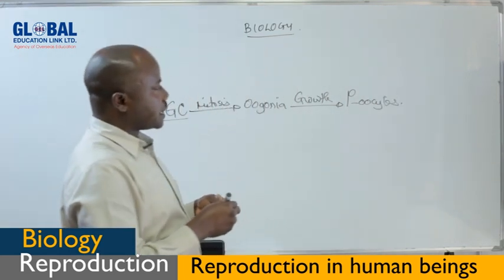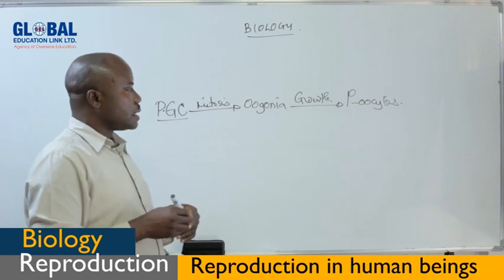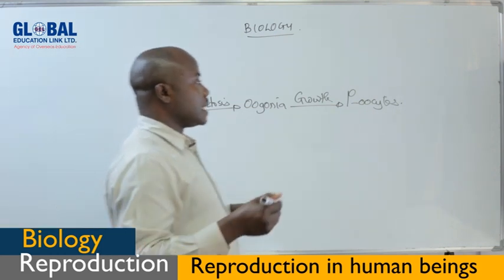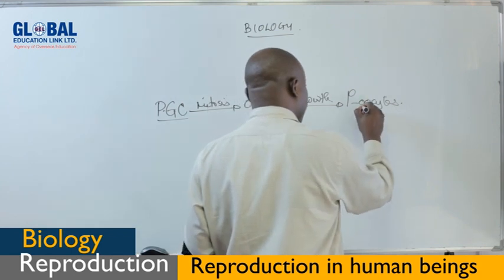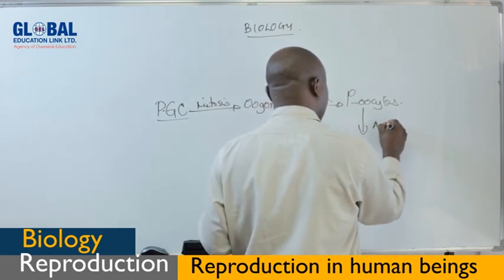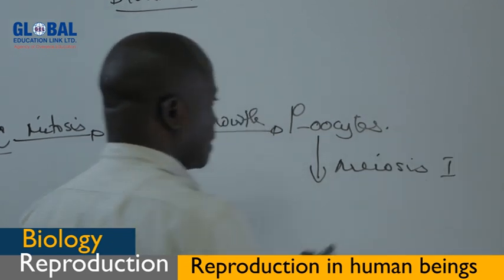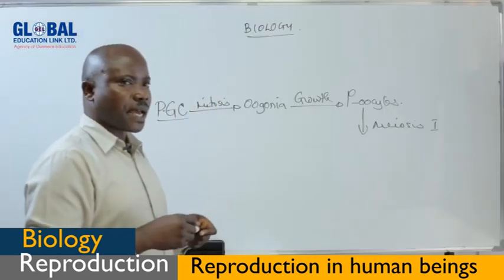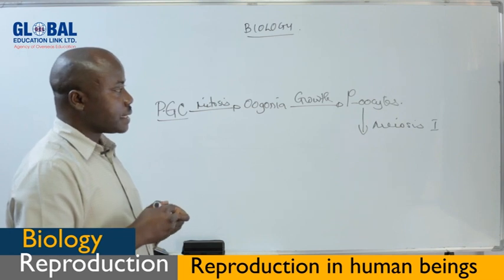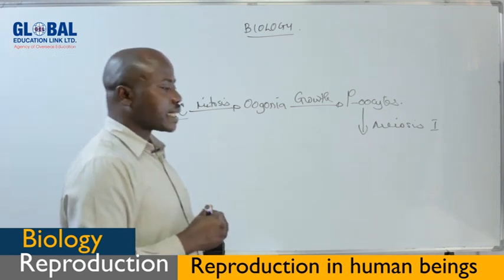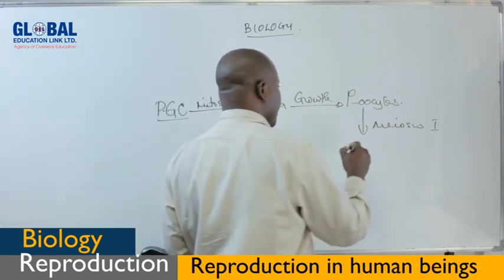The primary oocytes so formed from the growth process are diploid cells, but the next process is meiosis 1, which transforms the primary oocyte, which is diploid in number of chromosomes, to a secondary oocyte and the first polar body.